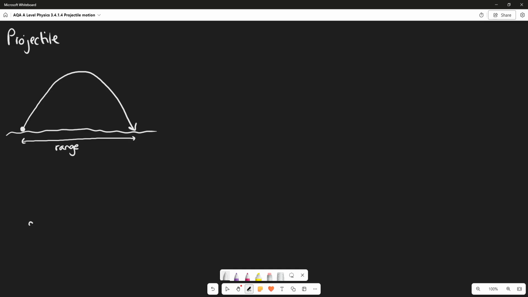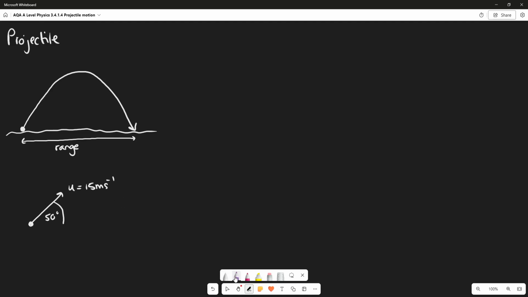Typically, you're given the starting conditions, so the angle that the object was fired or launched at, and the starting velocity.